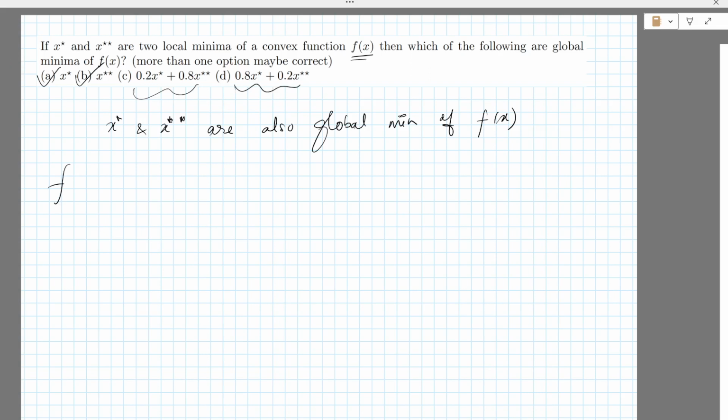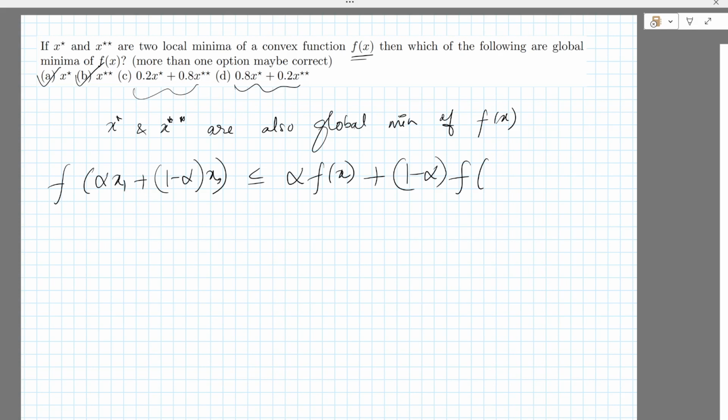It's easy to check because we know f of alpha x1 plus (1 minus alpha) x2 is less than or equal to alpha f of x1 plus (1 minus alpha) f of x2, for alpha between 0 and 1, for convex f.